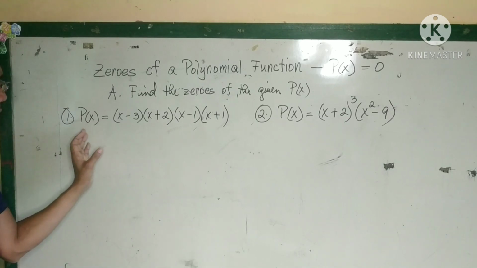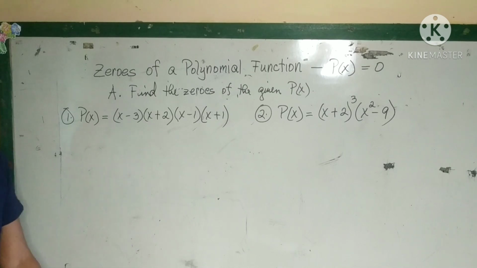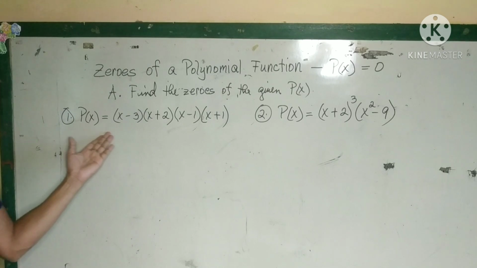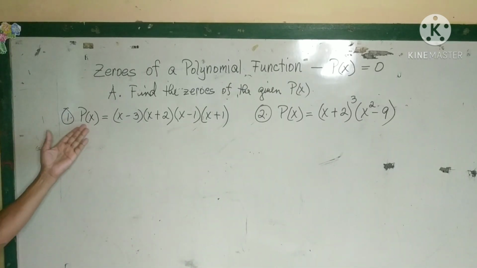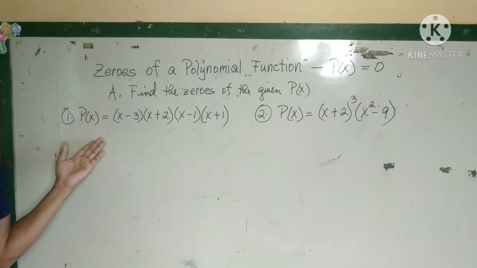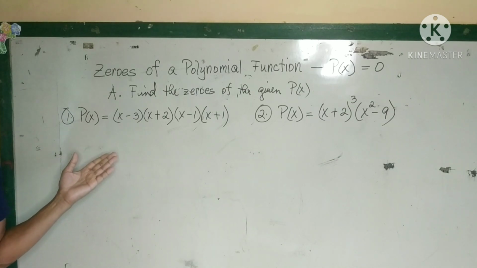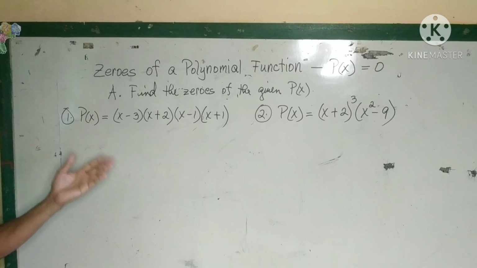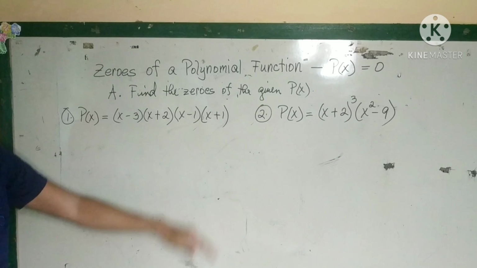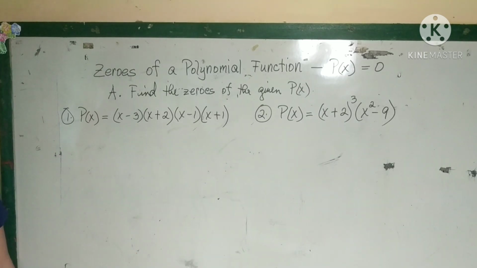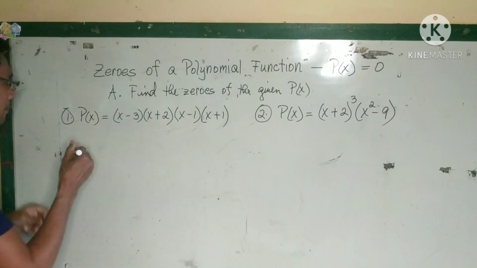In this example, it is very easy for us to identify the zeros of the given p of x, because our p of x is already expressed in terms of its linear factors. So all we need to do is simply equate the linear factors to 0 and solve for x.